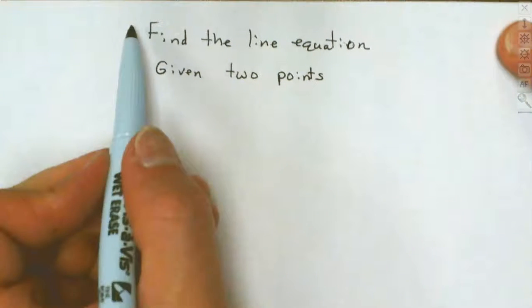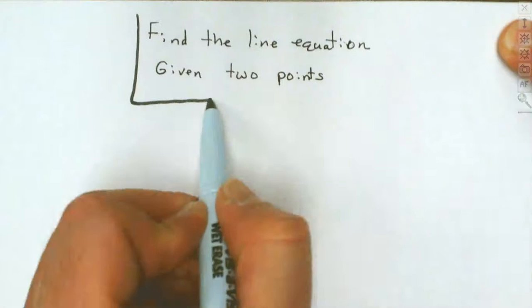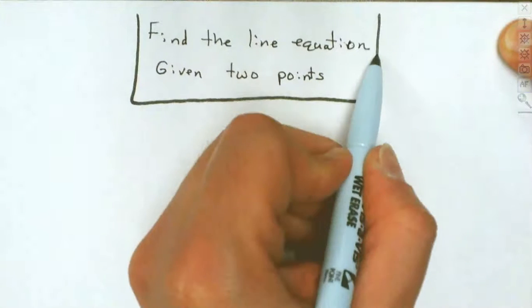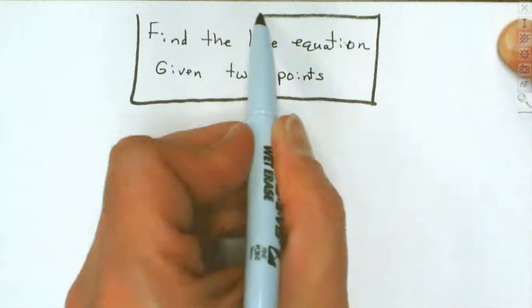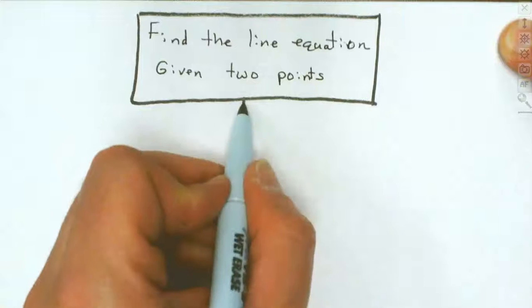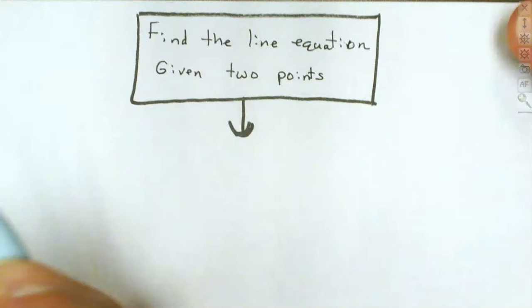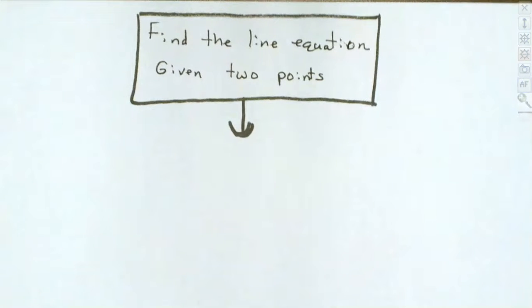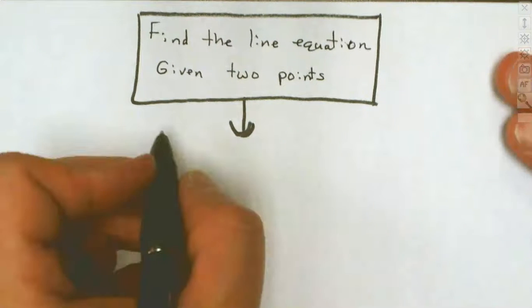This is what we're going to look at here. We want to find the equation of a line when you're given 2 points. Now this one has an extra step from the last one. So in this case, we need to get a slope. So we're going to have to try and find our slope.